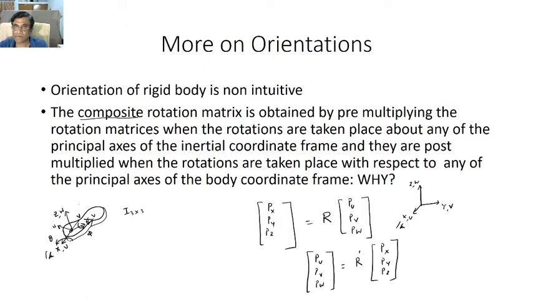So what will happen? Say by an angle theta, nothing will happen. Here, instead of the body coordinate frame, it will appear to you that they have been flipped. So you are looking from the body coordinate frame. And what you have seen?